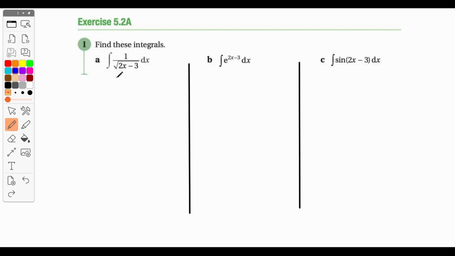Actually, to solve this type of question, we need to use differentiation. Differentiation is the inverse of integration.